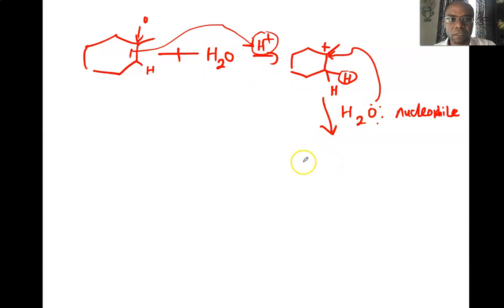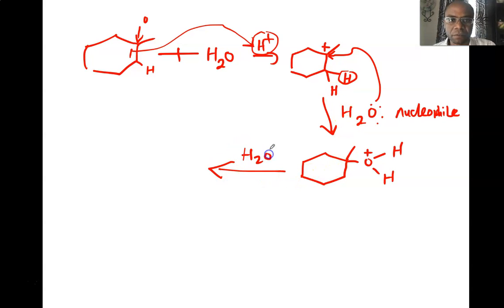So once the water attacks, you're gonna get the water here, but now the oxygen will have a plus charge, and of course there are 2 hydrogens there. I'm not going to show them, but you don't want to stop there. There's lots of water molecules in the flask. We do the last step that I just mentioned, which is protonation, proton transfer or deprotonation, to neutralize the oxygen.